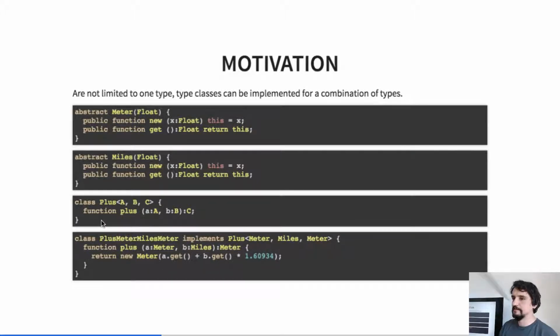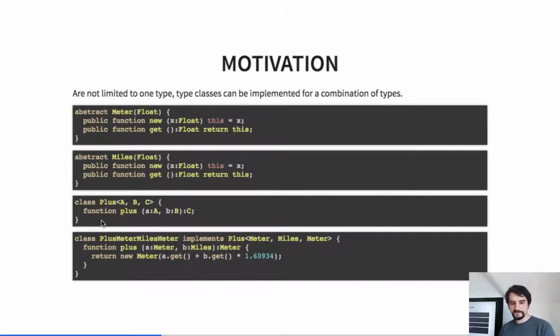Another aspect is that you can implement a type class for a combination of types. So at least with this implementation, you are not limited to implementing a type class for one type. In this case, it's about the abstraction of a plus operation, and you have two data types, A and B, and a resulting data type C. You can think about it a little bit like overloading.